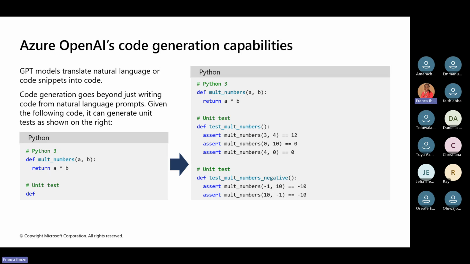GPT models translate natural language or code snippets into code. Code generation goes beyond just writing code from natural language prompts. Given the following code, it can generate unit tests as shown on the right.